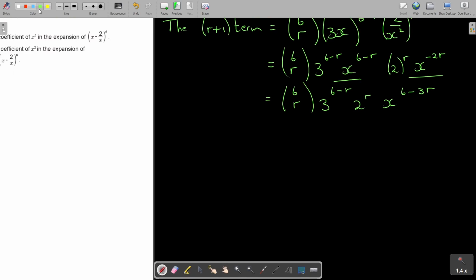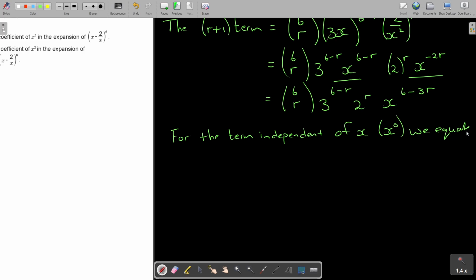So for the term independent of x, that means x0, we equate.